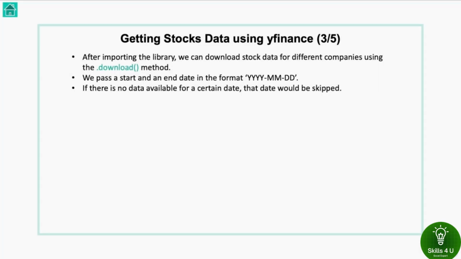To download the stock's data using yfinance, we can use the .download() method. The .download() method takes the stock name as listed on Yahoo Finance, a start date and an end date as arguments, and returns the stock data over the specified time period.